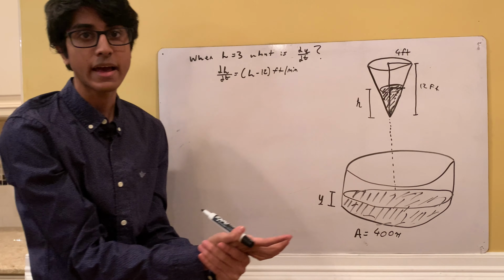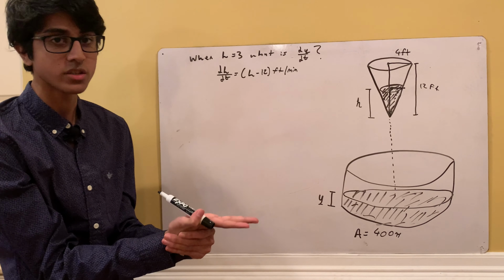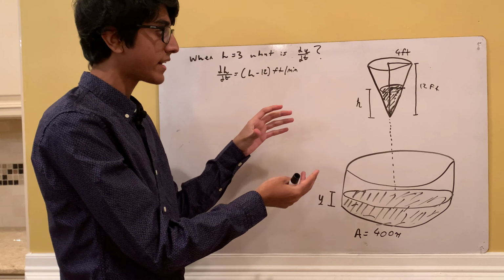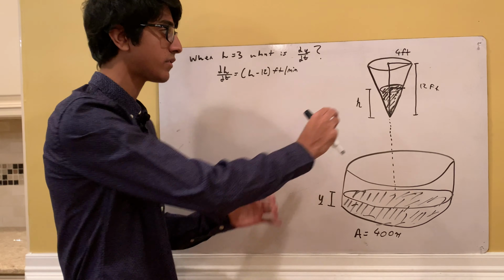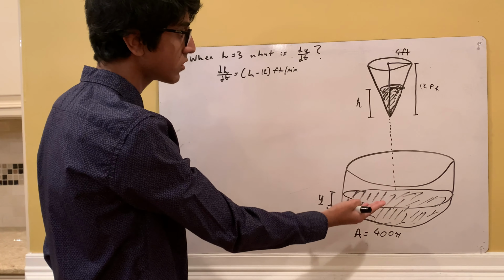That's the only thing they really have in common, since dV over dt has to be the same for both liquids, except with a different sign, because this will be a negative change of volume and this will be a positive change of volume, but the change in volume has to be the same because it's just dripping from one to another.